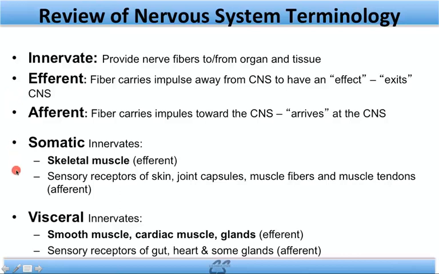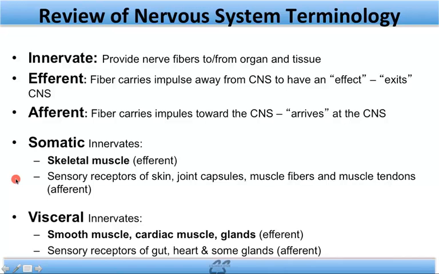And then we get to the classification. We said the classification is based upon what structures are affected, or where the structures are bringing back sensory from. So somatic deals with skeletal muscle, skin, and then the joint capsule, the muscle fibers, muscle tendons.